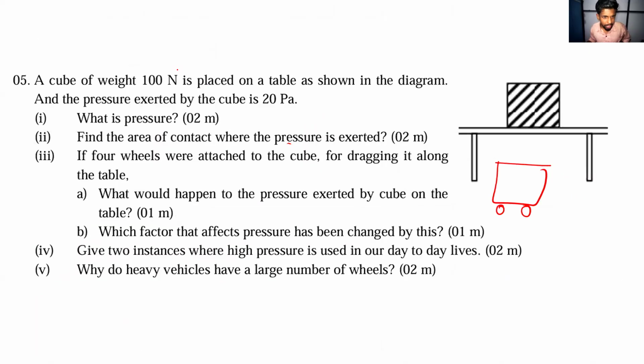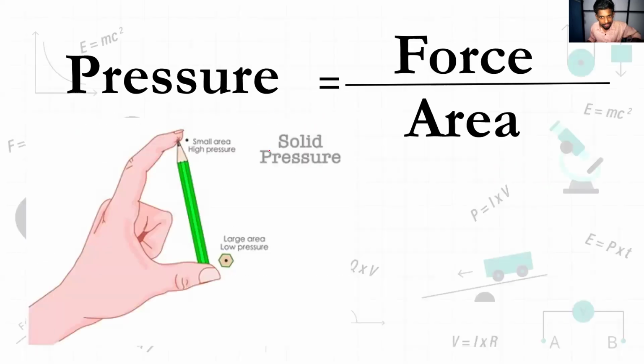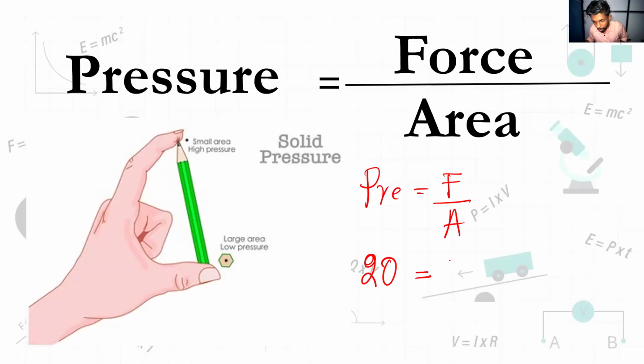Pressure is 20 Pascal. Just substitute the values. Pressure 20 Pascal, force 100 Newton, and we don't know the area. We have written the equation and we have substituted the values.